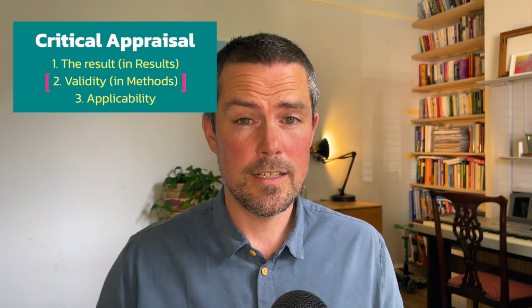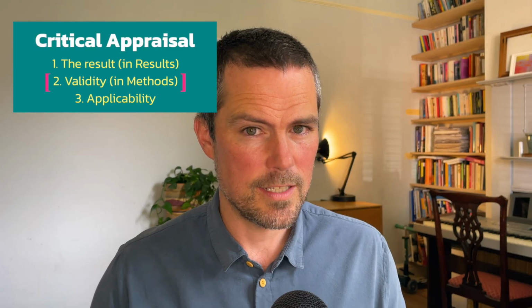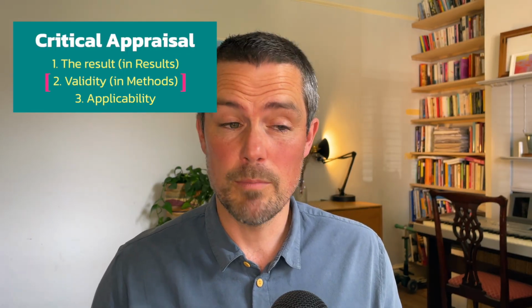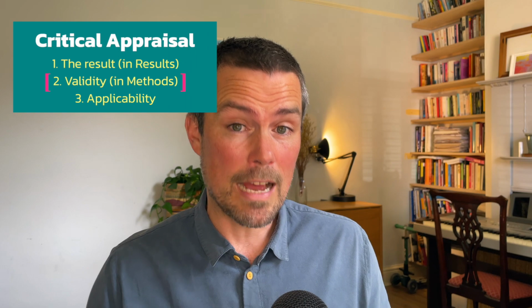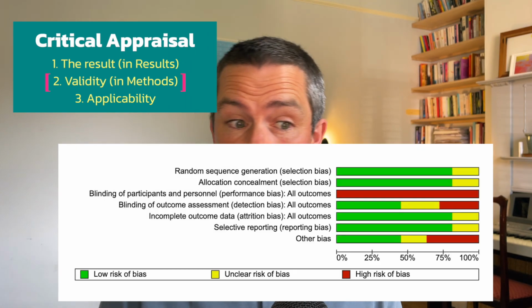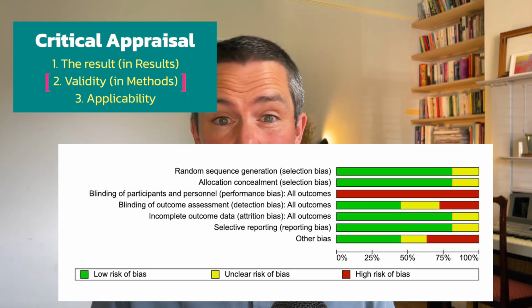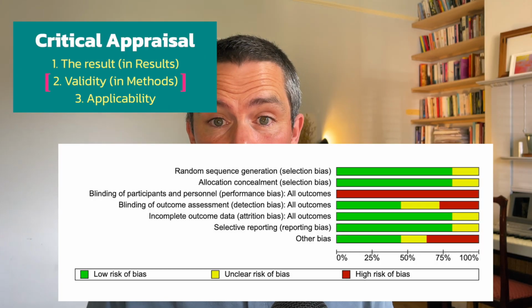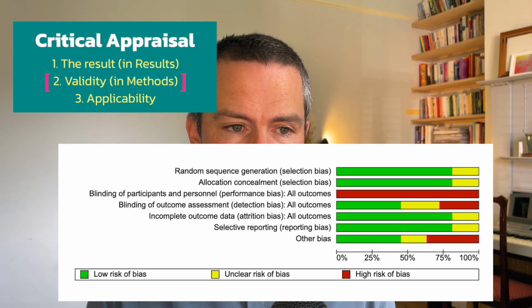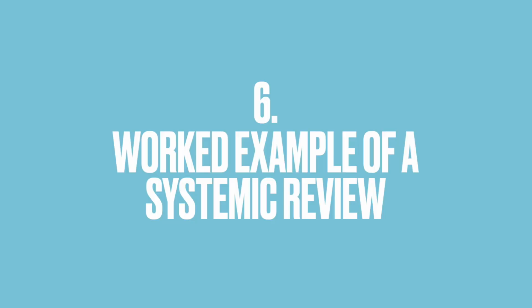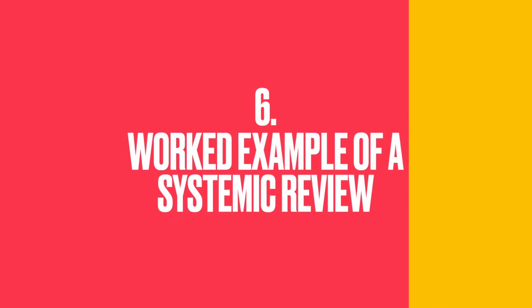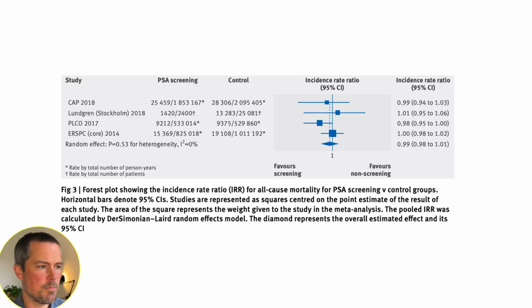In terms of validity, one way in which a systematic review can be assessed, one component is graphically through a risk of bias chart, and roughly you can see the amount of bias inherent in all the sub-studies within the systematic review.